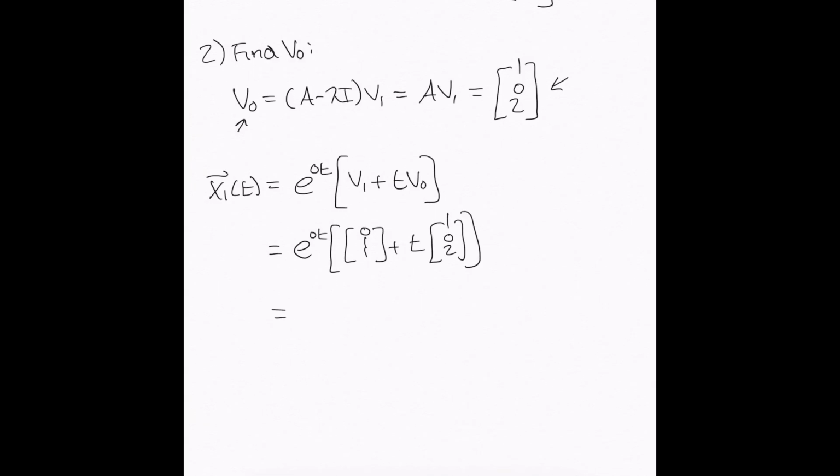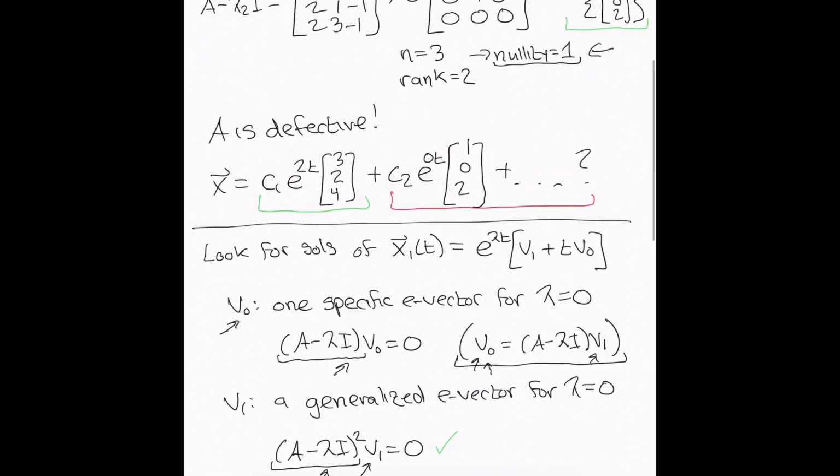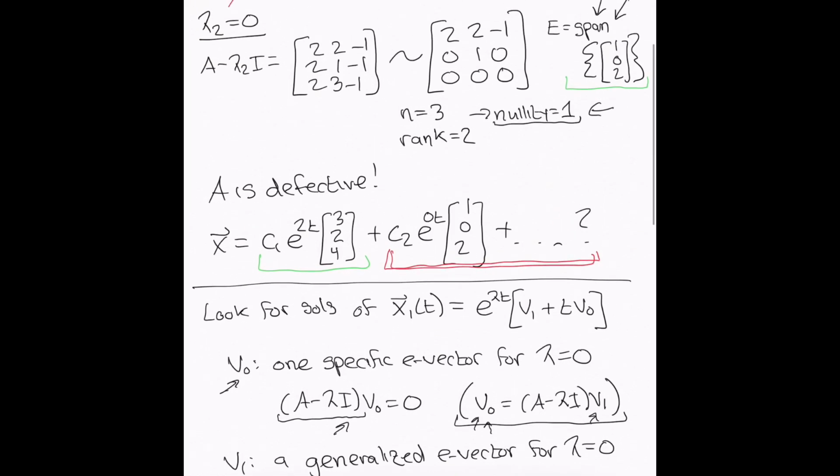And when you put it all together, you get e to the 0t times (t, 1, 1 plus 2t). And what this x1 of t covers is both solutions, the 2 solutions pretty much that covered lambda 2 equal to 0.